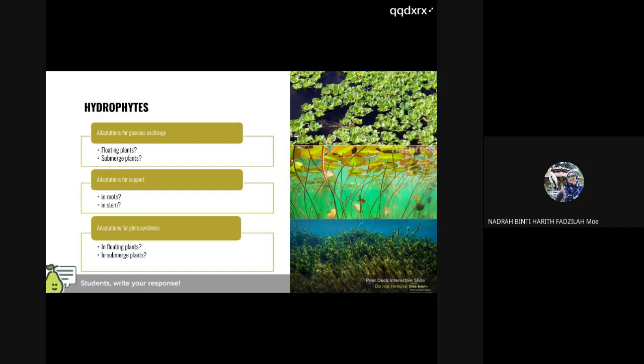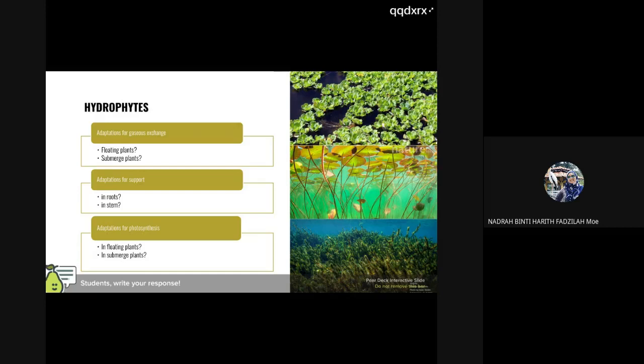So, this prevents water from entering the floating plants, causing the floating plants to submerge. Nanti berat lah kan? So, saya ulang. So, for floating plants, their stomata are distributed on the upper epidermis of the leaf.